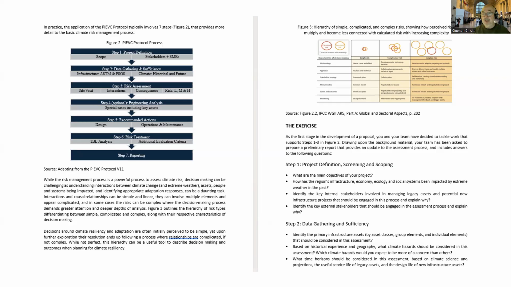We also talk about the importance of differentiating between simplistic relationships in terms of cause and effect in climate change impacts and adaptation responses, whether these are simple, complicated, or whether risk is actually complex. I tend to lean more towards the complicated and the complex, but at the end of the day, that's up to you to decide as well. And certainly every situation is unique. Some may be simple, some may be complicated, and some may be complex.